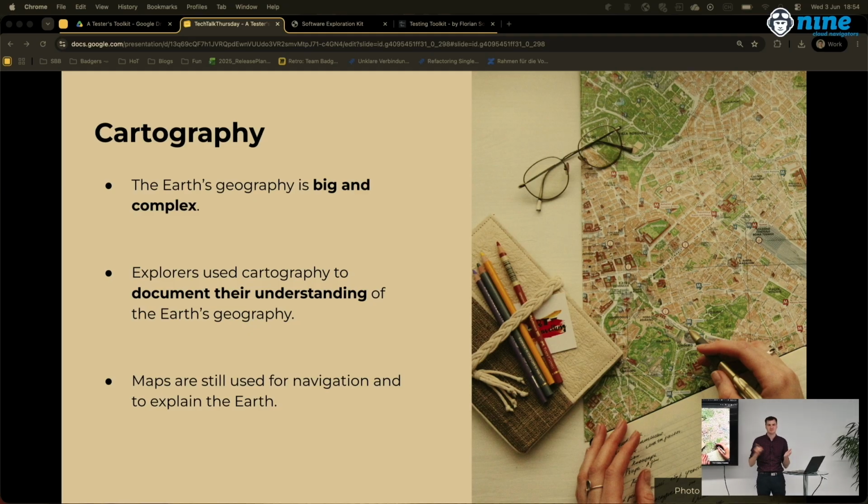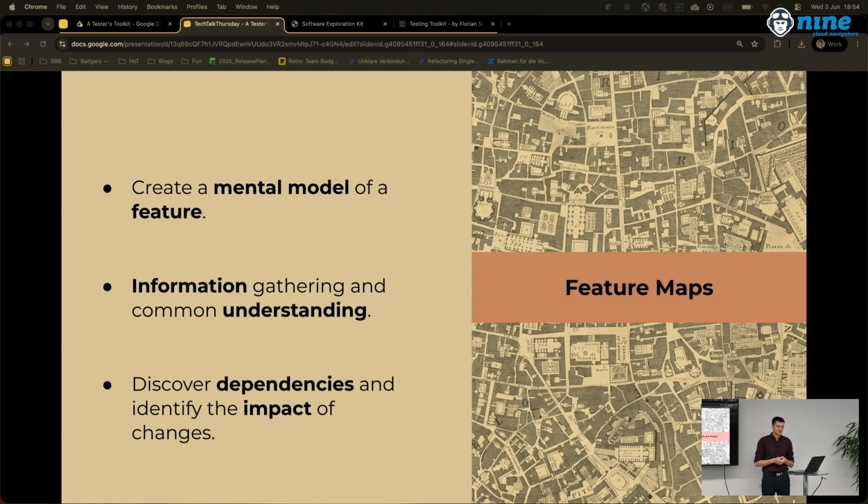There are funny maps of how they thought the Earth looked, but over time it improved and got better and better. And today we are still using maps, and they still help us navigate the complex geography. We can do something similar with software and features and components. And this is what I call feature maps.